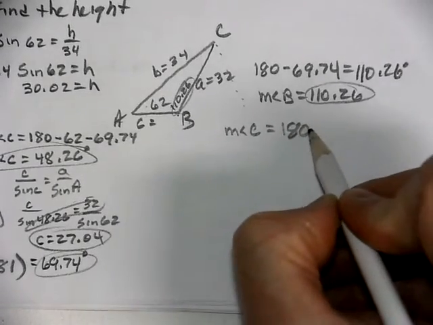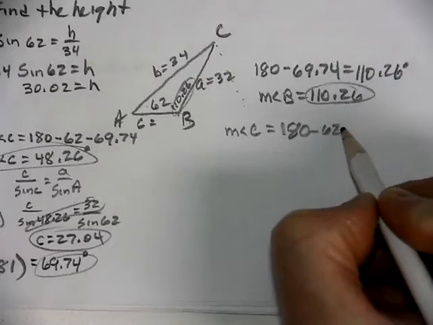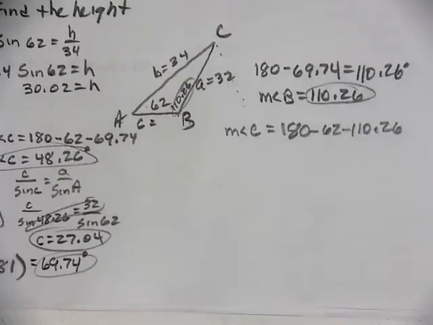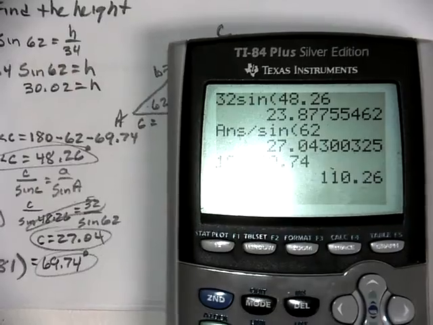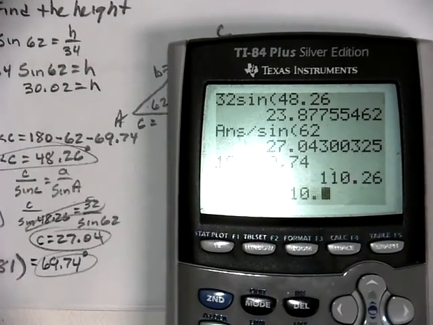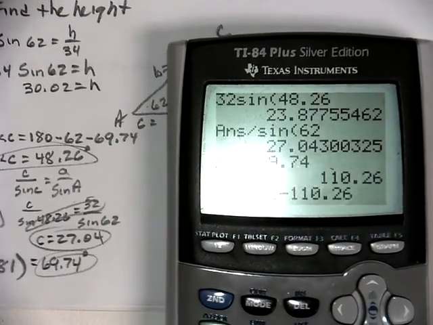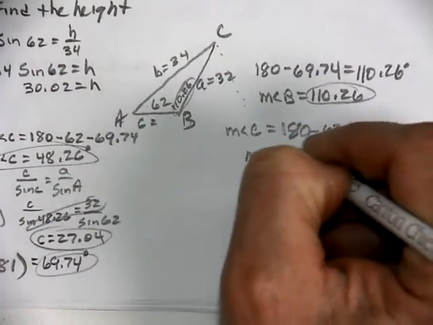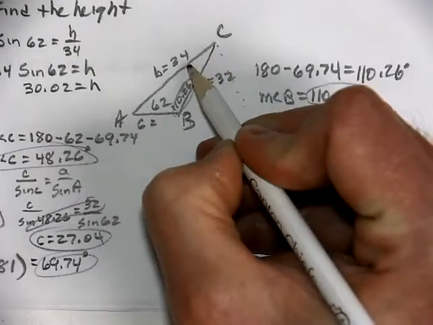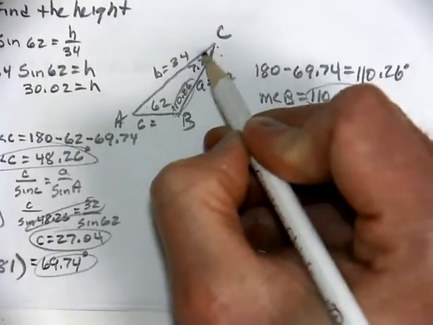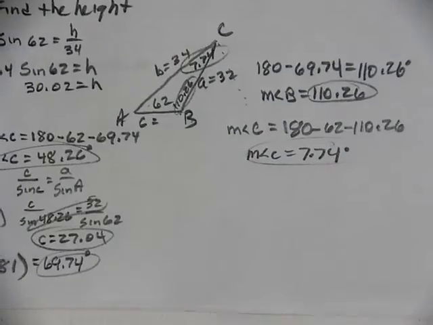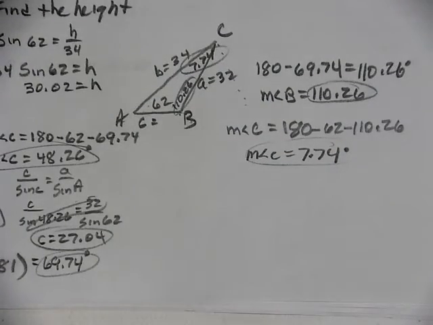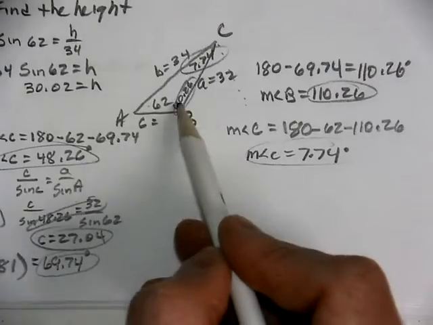This is 180 minus the 62 minus the 110.26. That's going to be a 7. Measure of angle C equals 7.74. And if you look at it here, it's not very big, so it could be reasonable for you to understand how that angle is going to be so small. These three angles have to add up to 180.